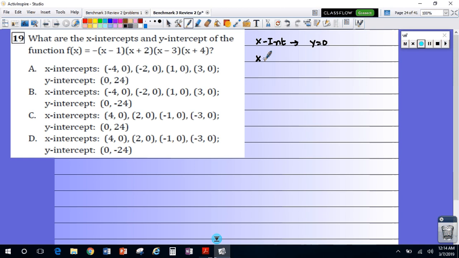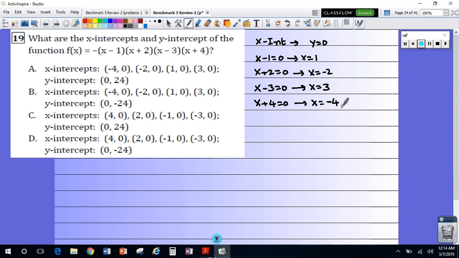So x minus 1 equals 0, you get x equals 1. x plus 2 equals 0, so then you get x equals negative 2. x minus 3 equals 0, you get x equals positive 3. x plus 4 equals 0, then you get x equals negative 4.